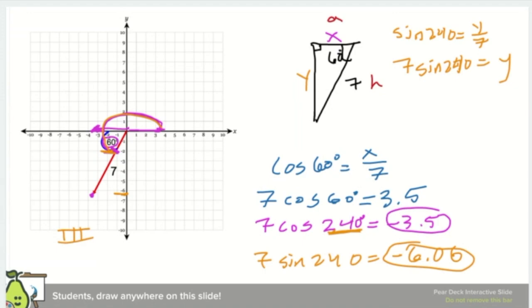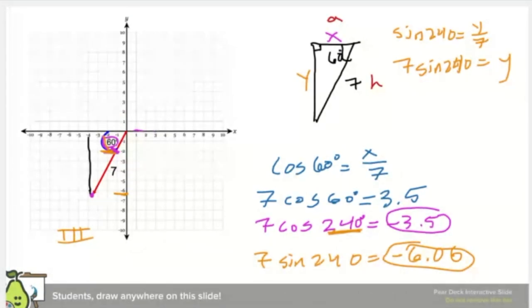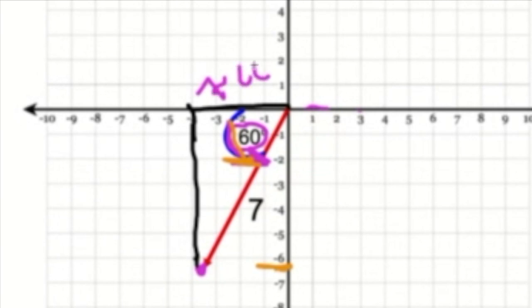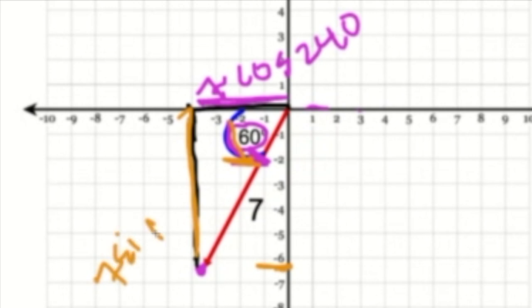Sometimes you might see values written like this. It might tell you this is 7 cosine 240. That's what this represents. And you might see this is 7 sine 240.